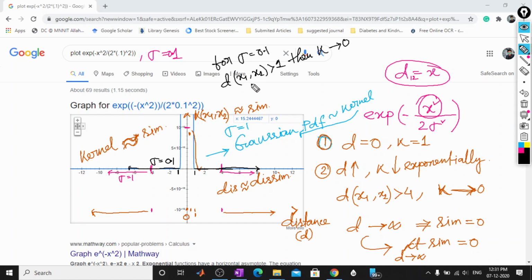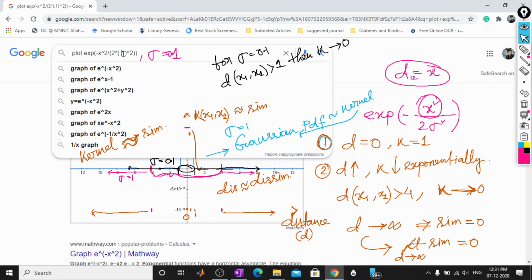By changing the sigma parameter, we are squishing this function, which means we consider more and more nearby points. In the previous case, the radial basis function's distance was larger, but by changing the value we consider closer points.